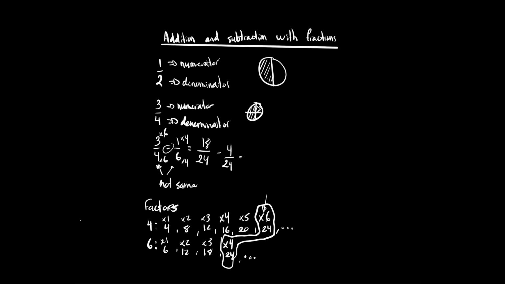Now we can simply do the subtraction, so 18 minus 4, that's 14/24, and then we can simplify it. If you can simplify it, always do it. It's the ethics of math. So we'll get 7/12, and that is the final answer.